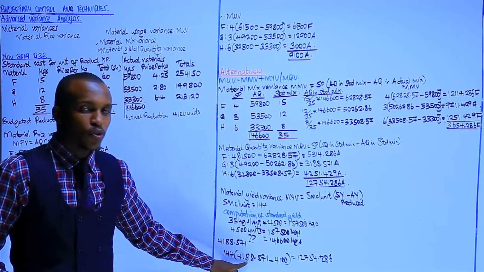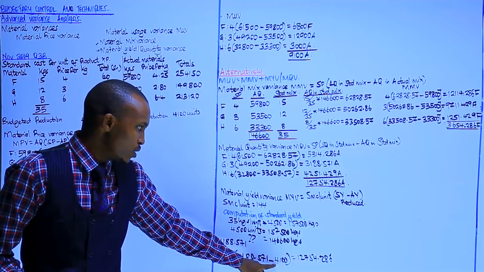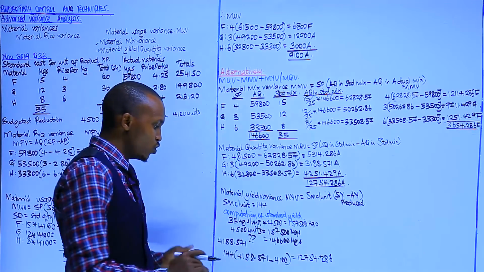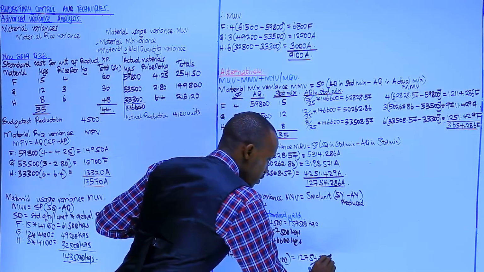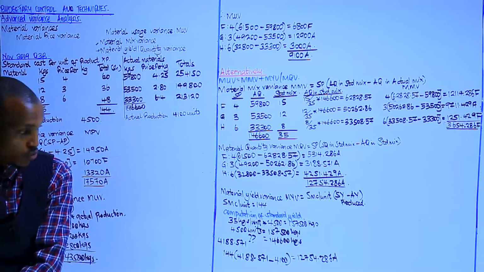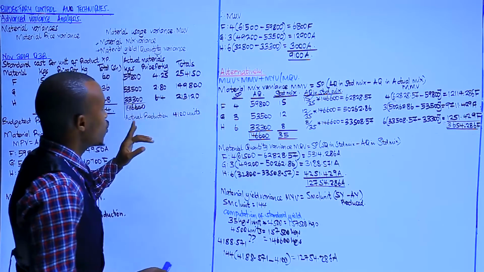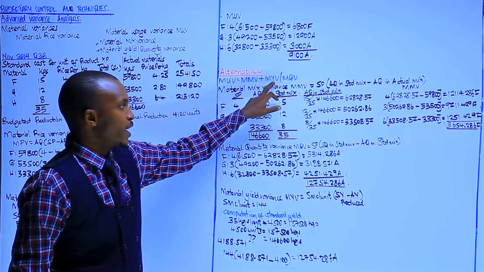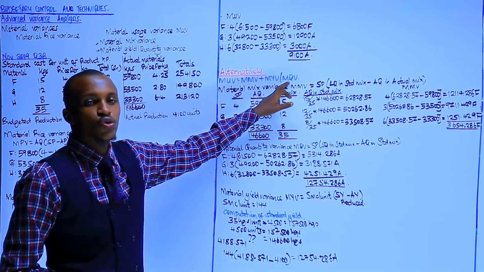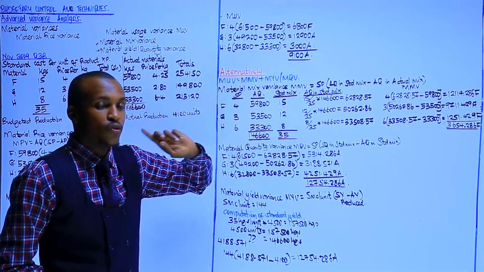You had budgeted to produce 4188 units, ended up producing 4100, so your output has reduced. So that is going to be adverse. Now remember, your material yield variance and your material quantity variance should give you the same answer.